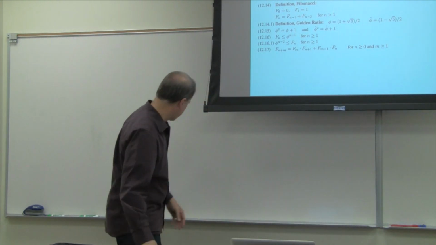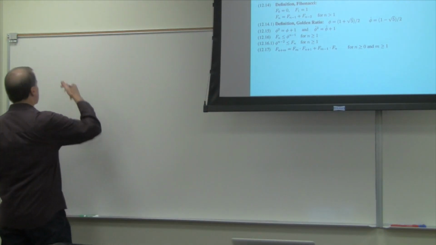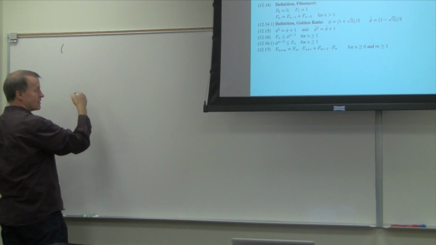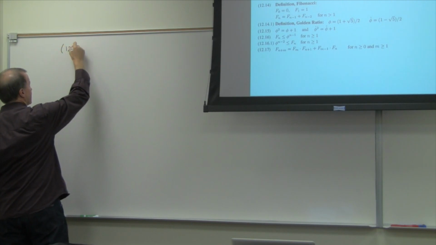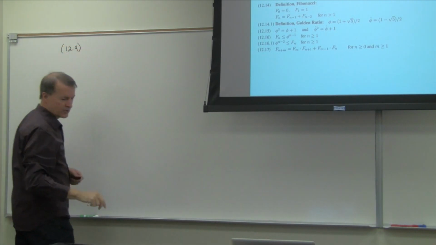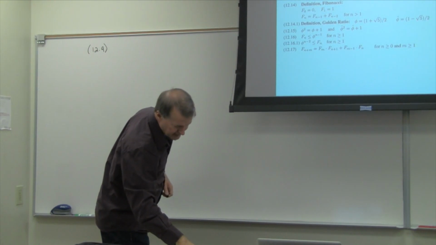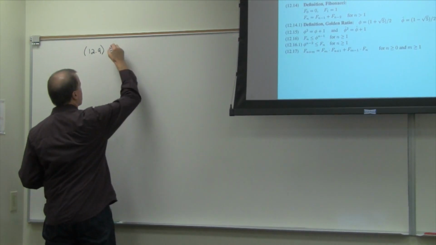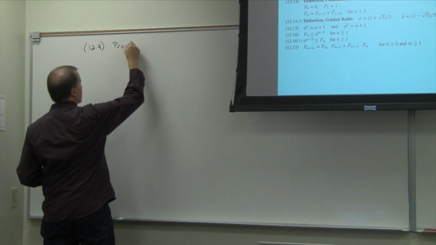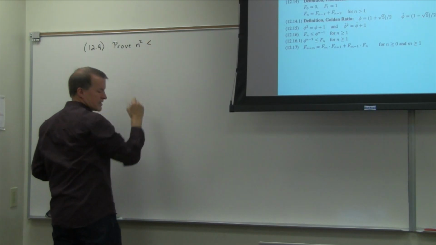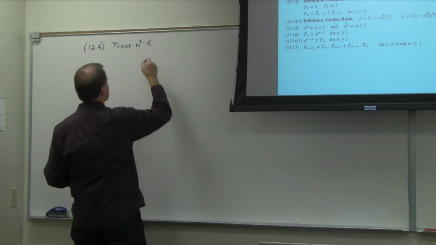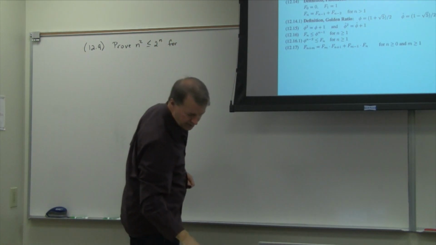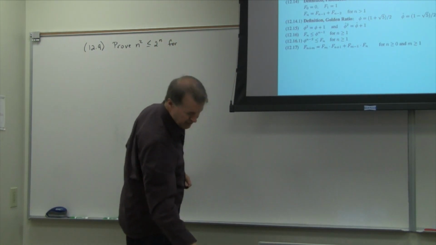And remember, I had a hint for you on this one. You used the result from 12.8 in the proof for 12.9. It's to prove that n squared is less than or equal to 2 to the n for n greater than or equal to 4.